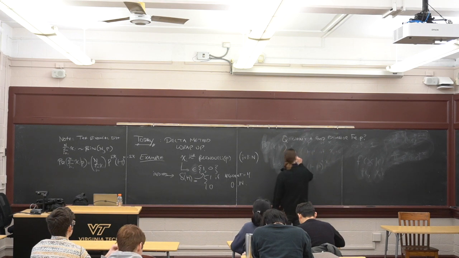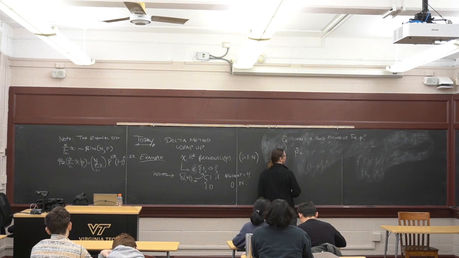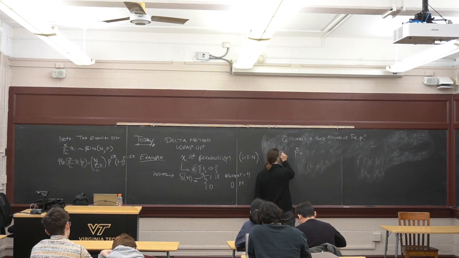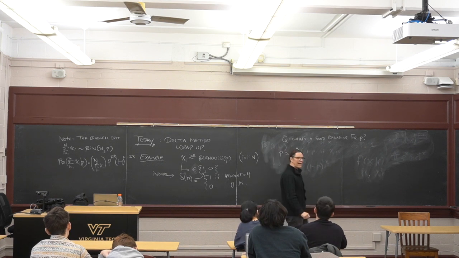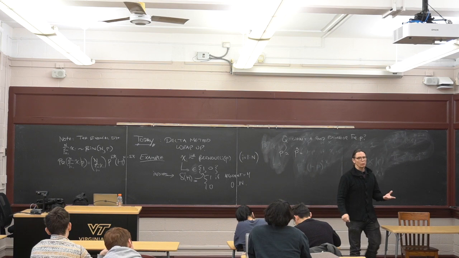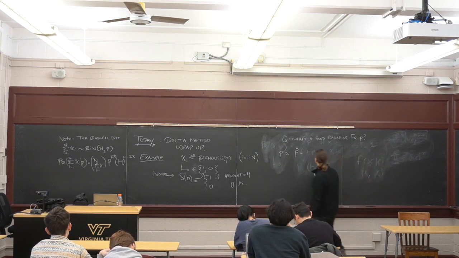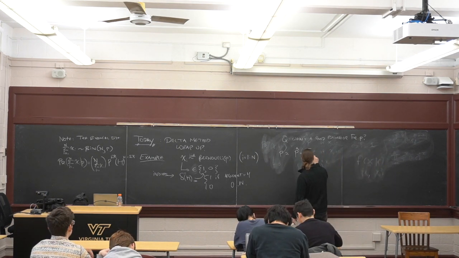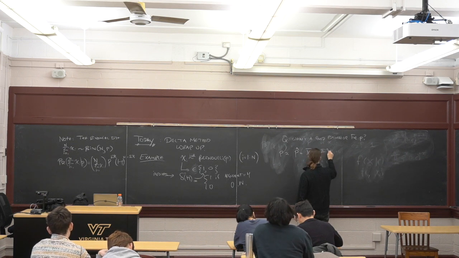So the mean. So p hat, it's not quite p. So p is approximately that, whatever that means. How close is it? Probably has something to do with what n is. But this is just going to be the mean, x bar, which is 1 over n times the sum of the xi's.